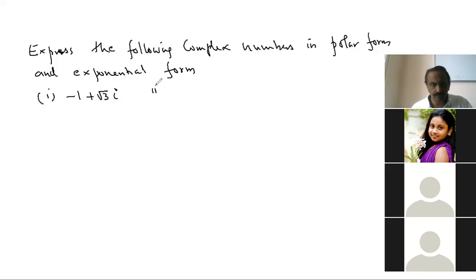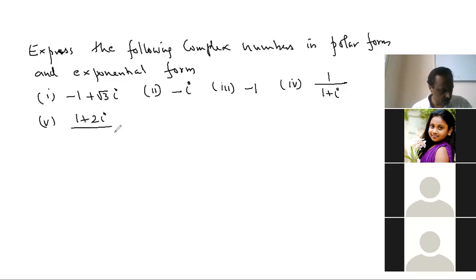Second question, minus i. Third question, -1. Fourth question, 1 upon 1 plus i. Fifth question, 1 plus 2i upon 1 minus 3i. Sixth question, (1 plus 7i) divided by (2 minus i) the whole square.